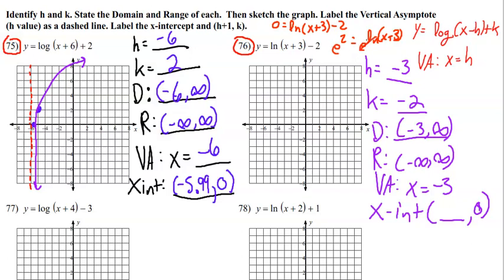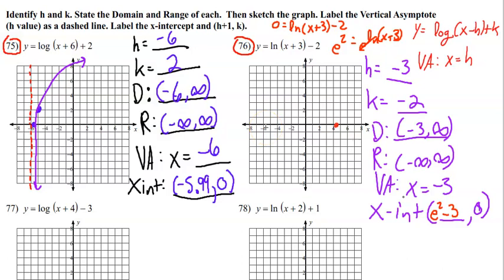And then you're going to subtract 3. So then we have e to the second power minus 3. That's our x-intercept. So let's go ahead and plot that point. If you put that in the calculator, you should get about 4.4.